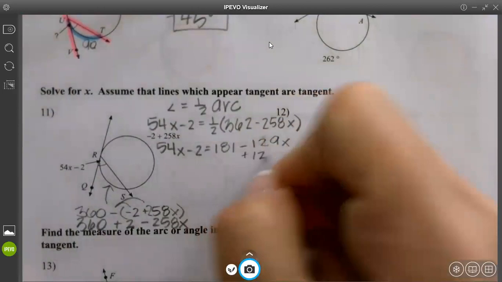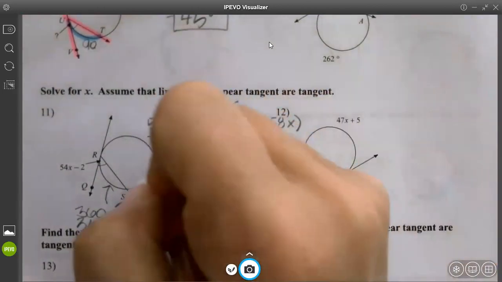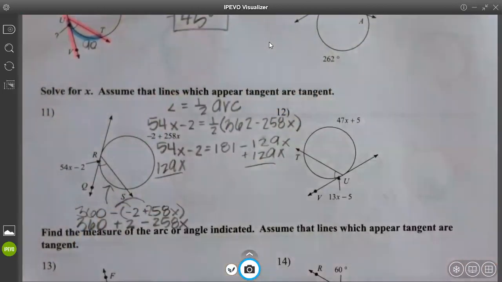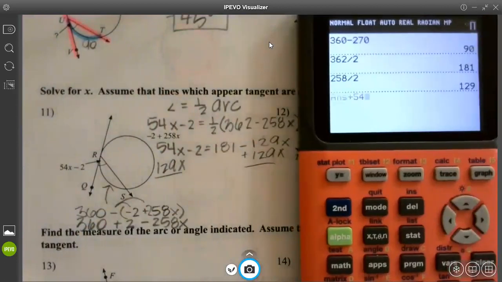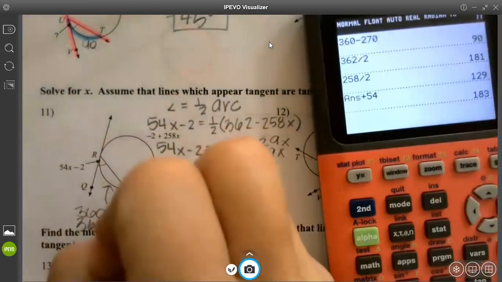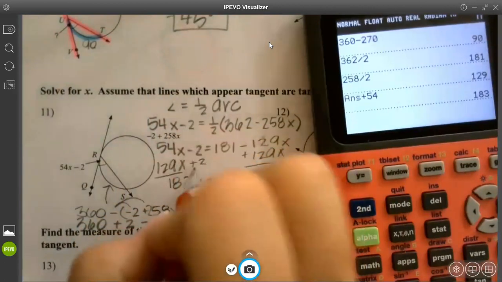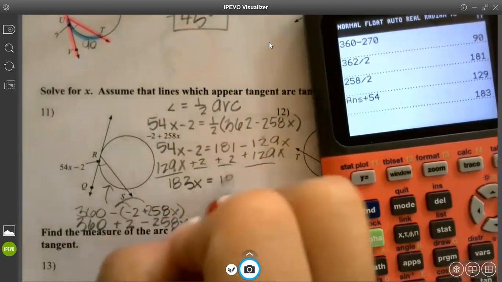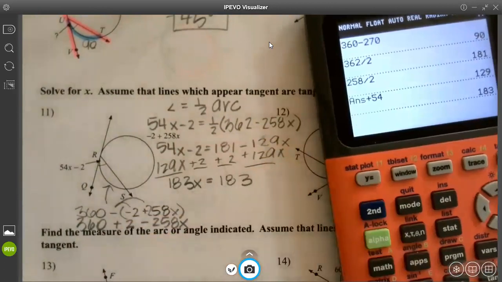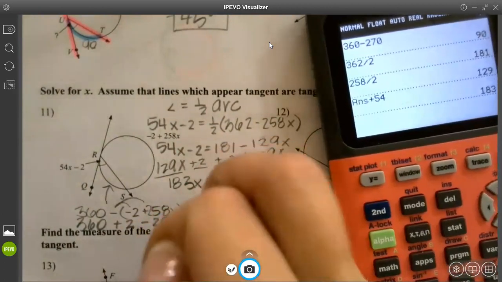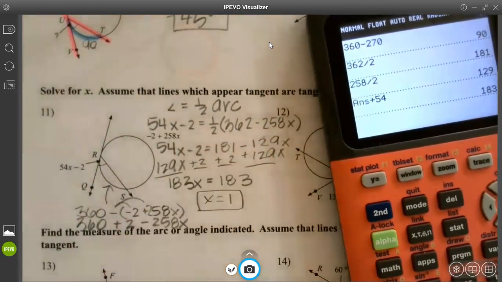I'm going to add my 129x. Gives me 183. I'm going to add my 2, which also gives me 183. Divide by 183, and x is 1.